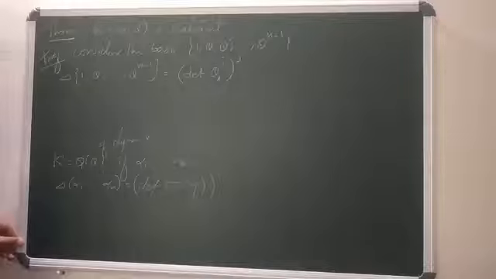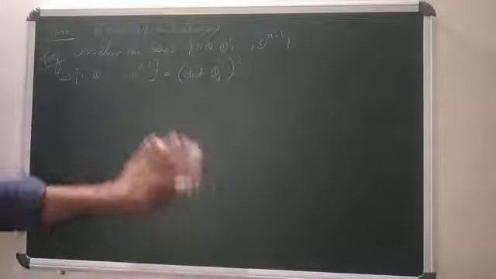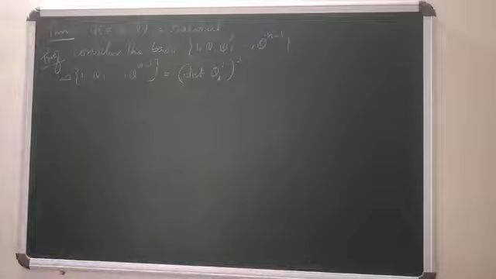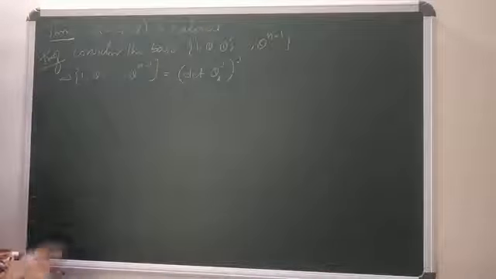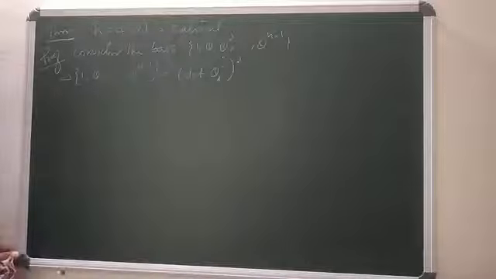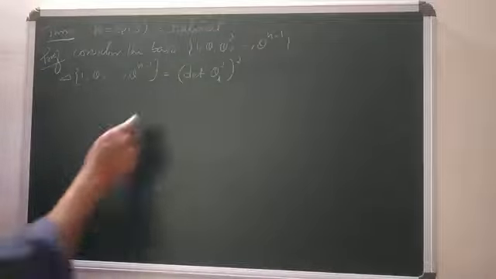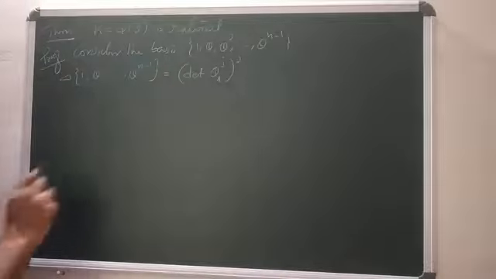That is our requirement. So consider the basis 1, theta, theta squared, up to theta power n minus 1. Hence the conjugates of theta are theta 1, theta 2, up to theta n. Then the discriminant of 1, theta, up to theta power n minus 1 is nothing but the determinant of (theta_i power j) whole squared.